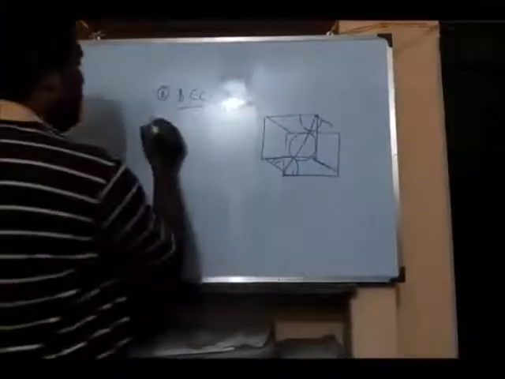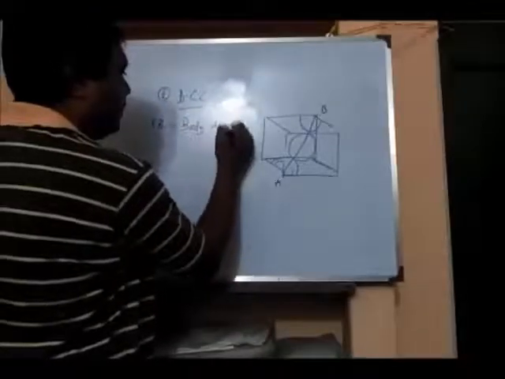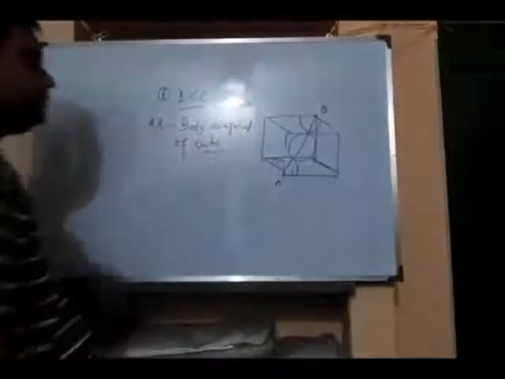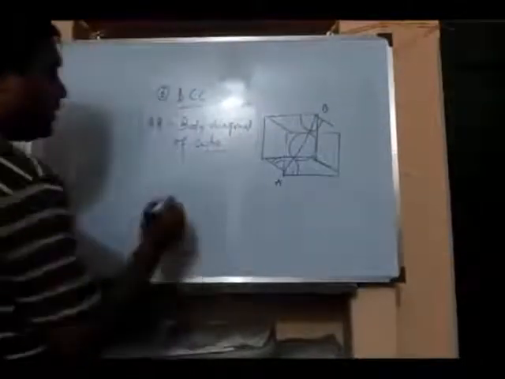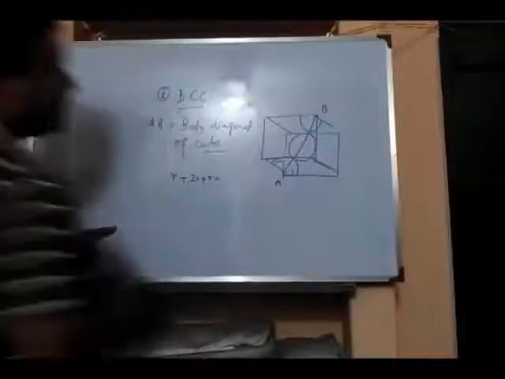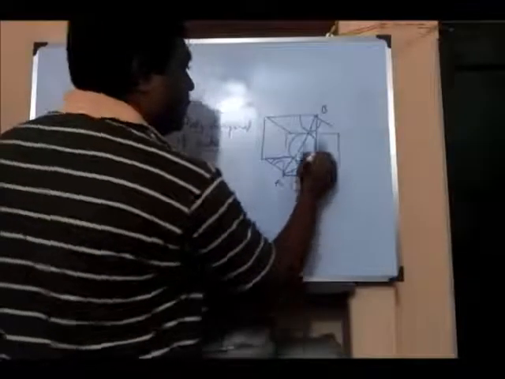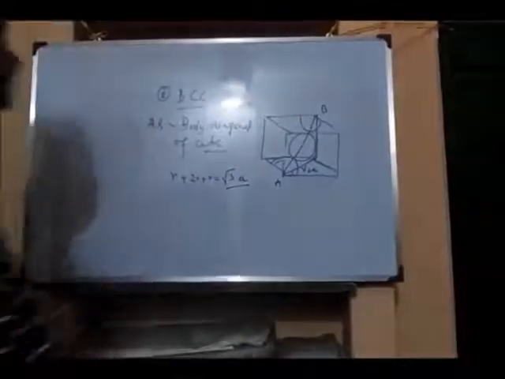So AB, if you consider this AB, is the body diagonal of this cube, and so I can say that R plus twice R plus R, that is 4R, will be equal to root 2 a times a, that is root 3 a.